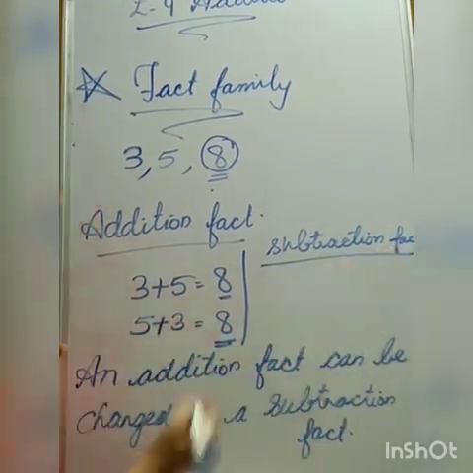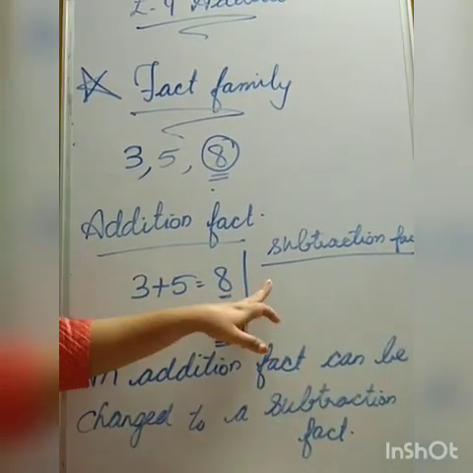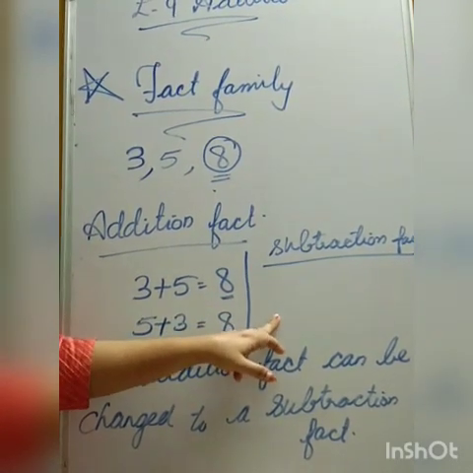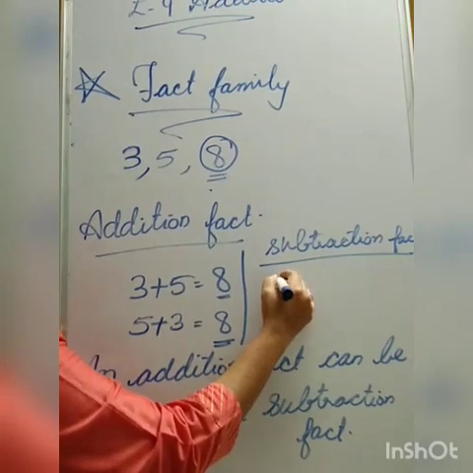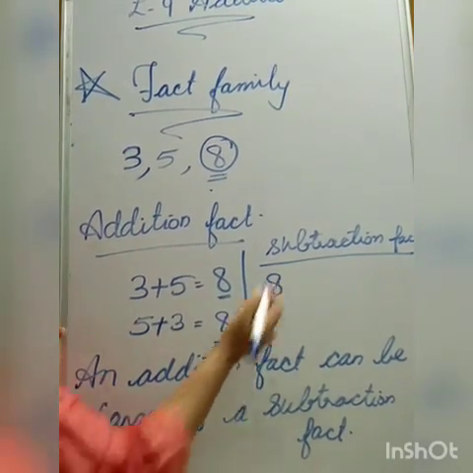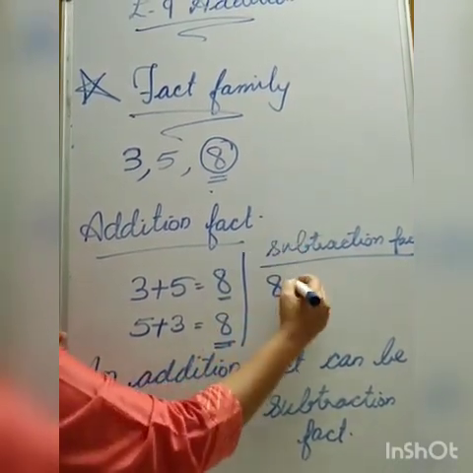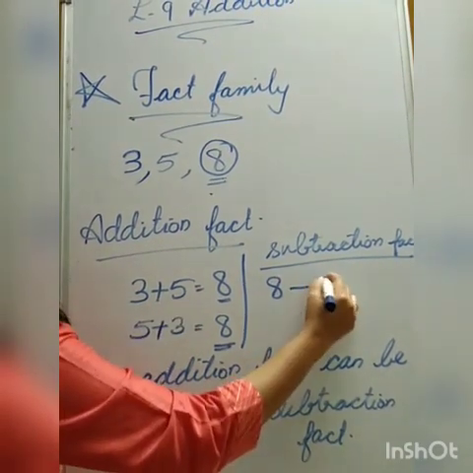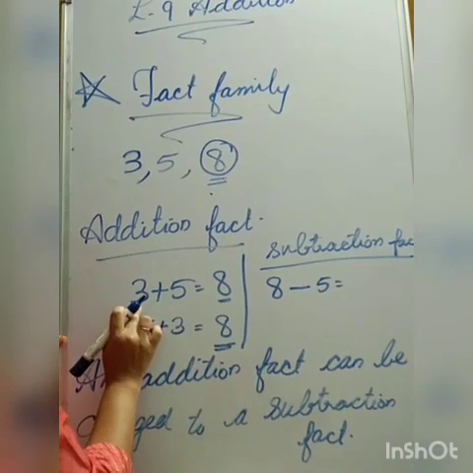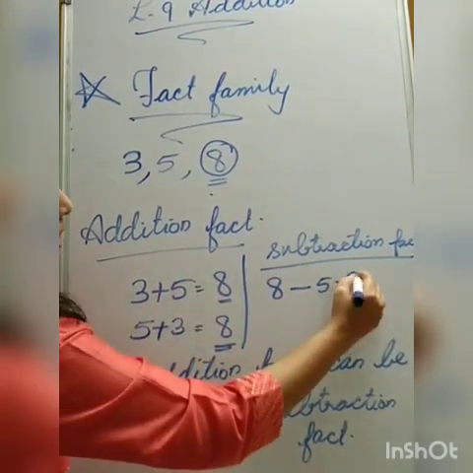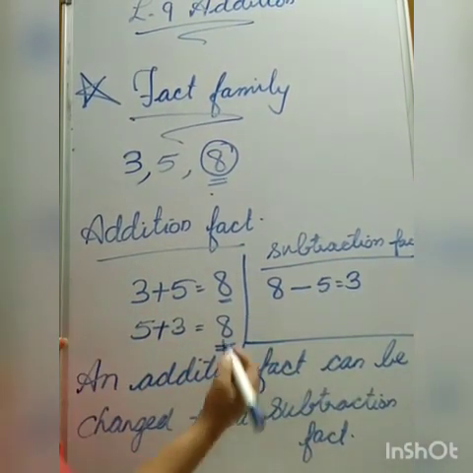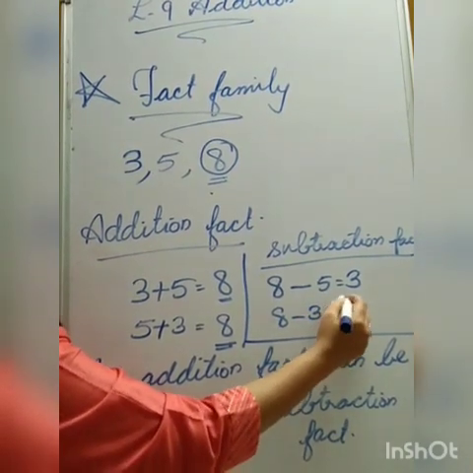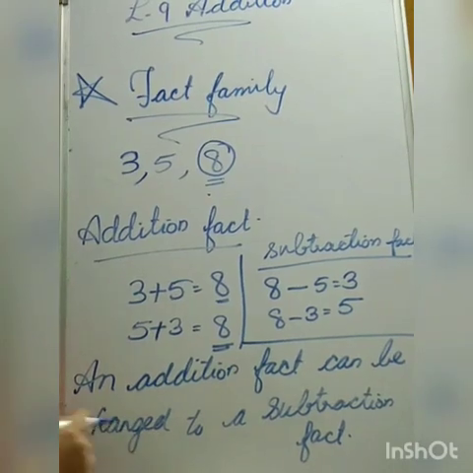In subtraction, the biggest number always comes first. Here the biggest number is 8. In subtraction the symbol is this. 8 minus 5 is equal to, which number is remaining? 3. Then 8 minus 3 is equal to 5.